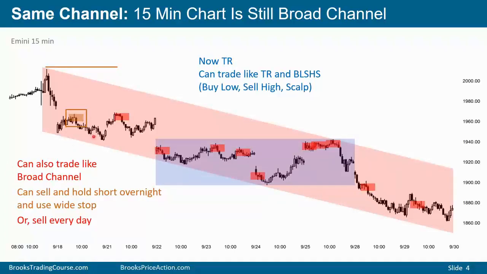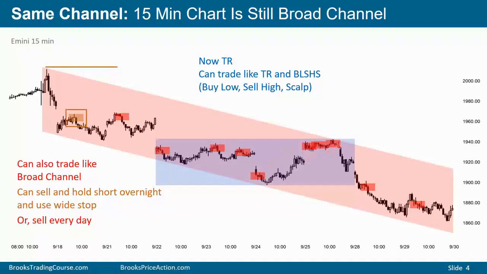Alternatively, you can simply look to sell every day. If you think the market's trending down, you can expect rallies to fail, and at the start of every day, you look for a rally and look to sell it. Or look for a pullback. Here we have a gap down and a pullback, look to sell it. A rally, sell it. A gap up, possibly the start of a bull trend, but it's still below the top of this entire channel, and therefore it's still possibly part of a bear channel, even though it's above these major lower highs.